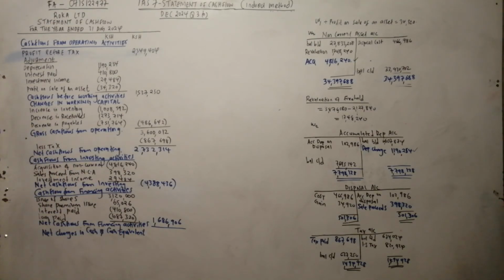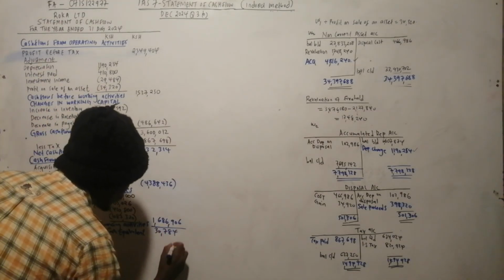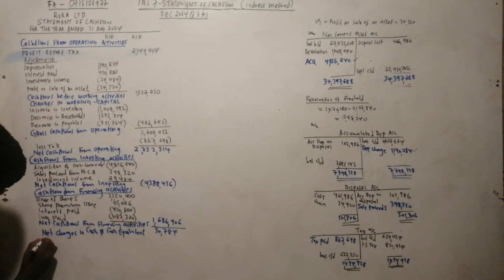So let's find the net change in cash and cash equivalent. So we say 2,732,314 minus 4,388,436 plus 1,686,906, I get 3,784. Then we add cash and cash equivalent at the beginning.